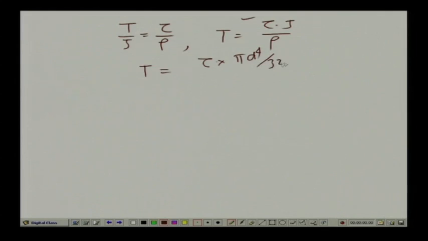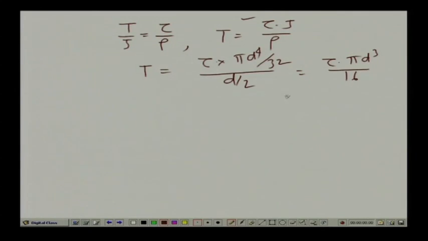Now, for part AB, if we compute the twisting moment from T by J is equal to tau by rho, T gives us tau J by rho. So, when we need to satisfy the stress criteria, T is equal to tau into pi d to the power 4 divided by 32 times d by 2, which is equal to tau times pi d cube by 16.